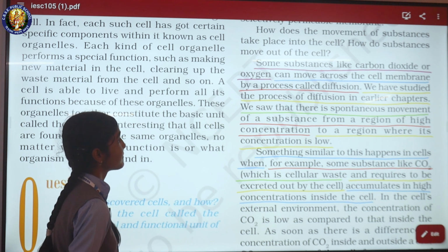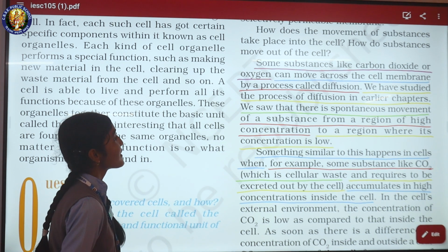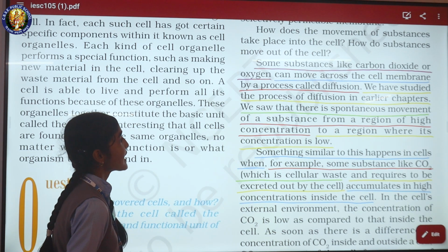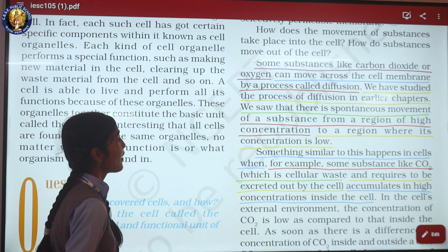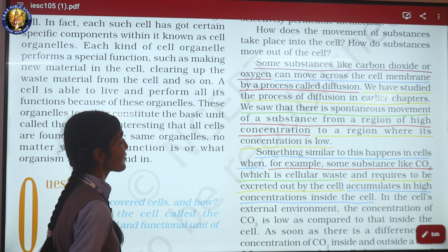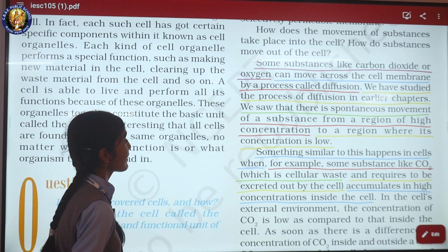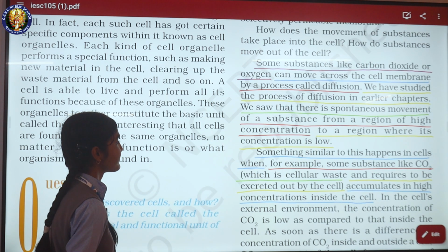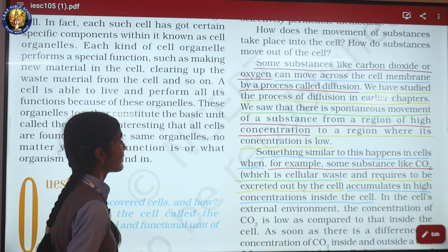We saw that there is a spontaneous movement of a substance from a region of high concentration to a region where its concentration is low.